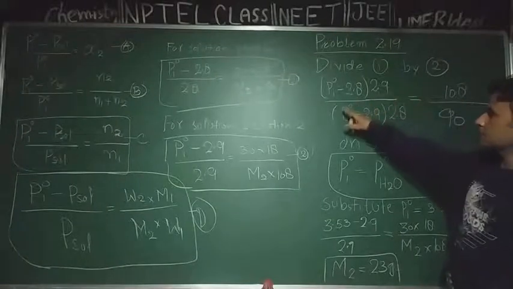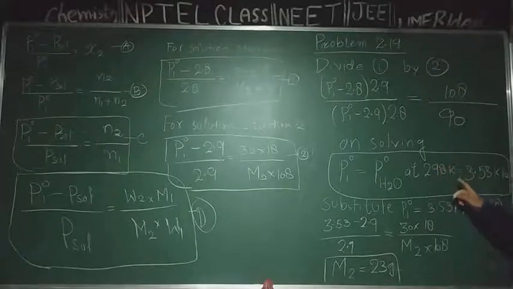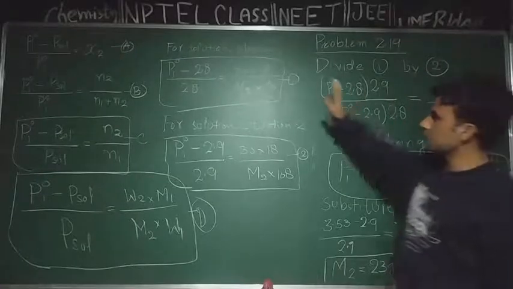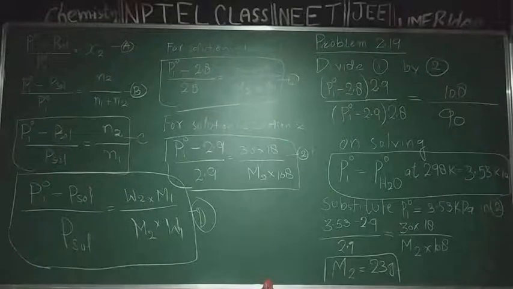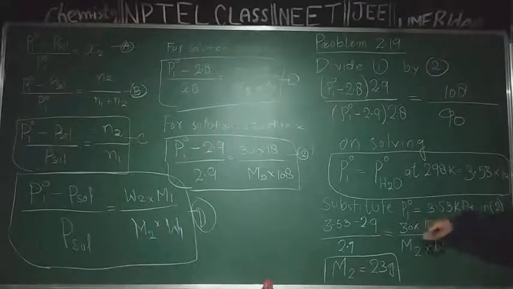By doing this, the idea was to cancel the molecular mass of the non-volatile solute, and I got this equation in which there is only one parameter, that is the vapor pressure of pure solvent, water at 298 Kelvin, and on solving this I got the vapor pressure of water is 3.53 kilopascal, obviously greater than 2.8 or 2.9, the vapor pressure of solution containing non-volatile solute. And data here confirms that lowering of vapor pressure occurs because of addition of non-volatile solute to solvent.